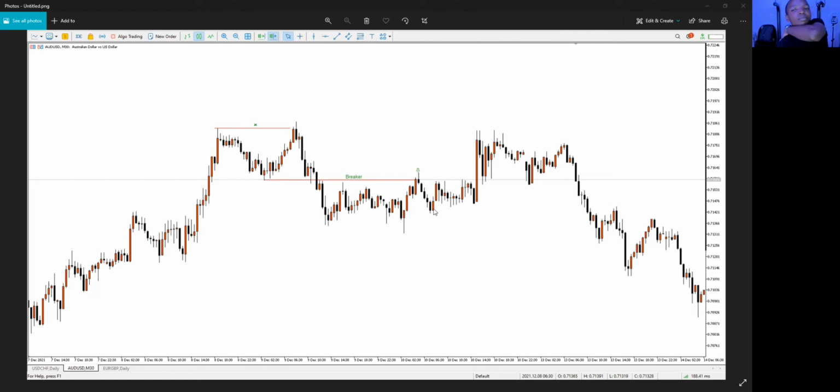So this scenario, without getting too ahead of myself, is actually a QML scenario, Quasimodo, because the market broke through this and we got an entry via this point over here, but the market went up again to an area where your swing high was, and therefore you got an entry.